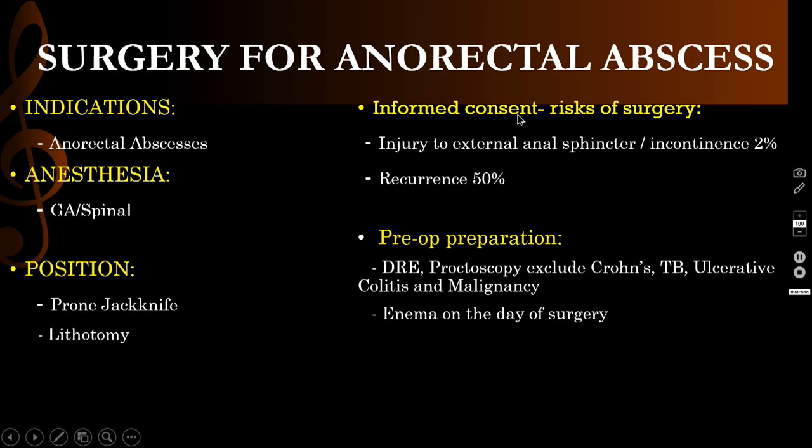We have to get informed consent after explaining all the risks of surgery. Injury to the external anal sphincter, which is accidental, will result in incontinence in 2% of the patients. Recurrence of this abscess or an anal fistula happens in 50% of the patients, where the abscess cavity has a connection to the rectal or anal canal; those patients will end up with a perianal fistula.